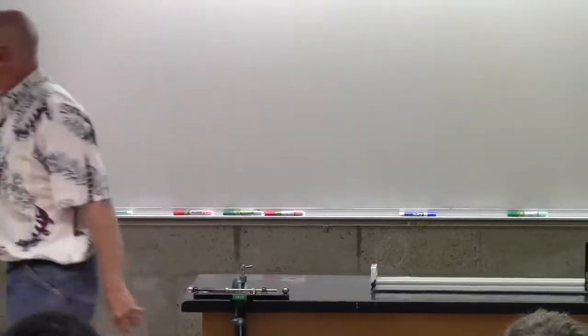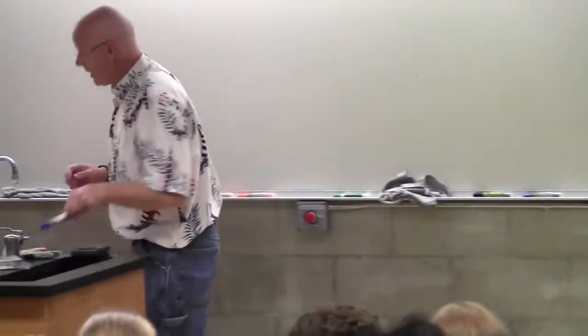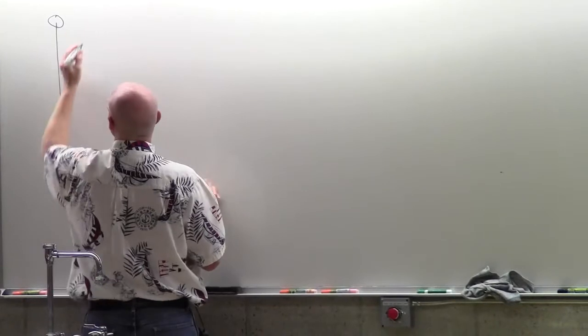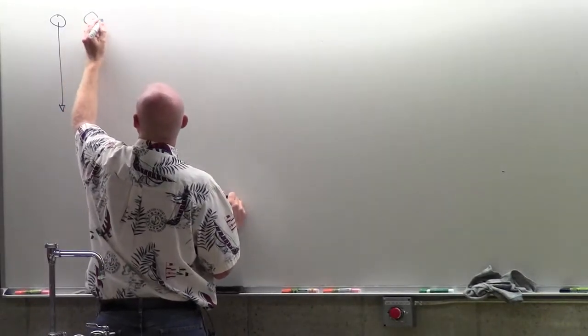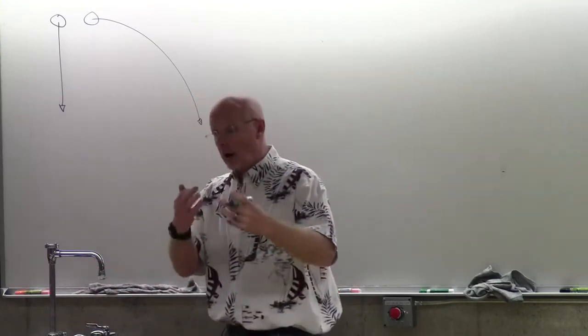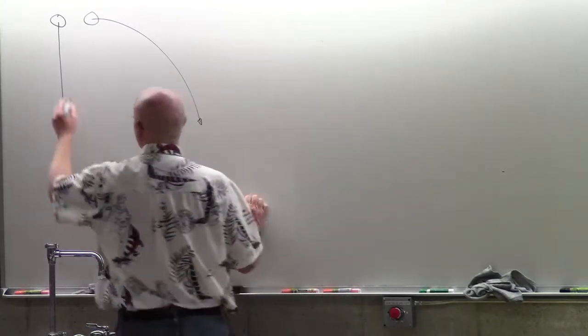And what I want you to see here is that when I release these, one of them is going to fall straight down. The other one has a horizontal motion while it is falling down.